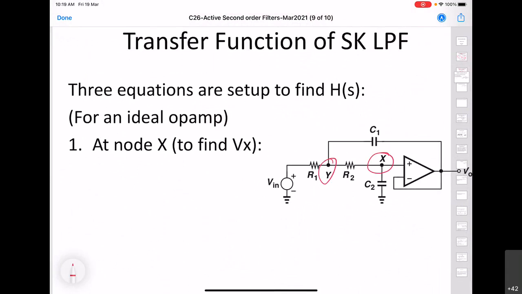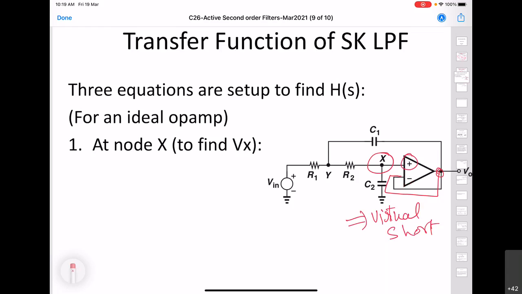Here negative feedback is there. That means the output is connected to the inverting terminal. So negative feedback is present here. This will imply a virtual short between the plus terminal and the negative terminal of the op amp.